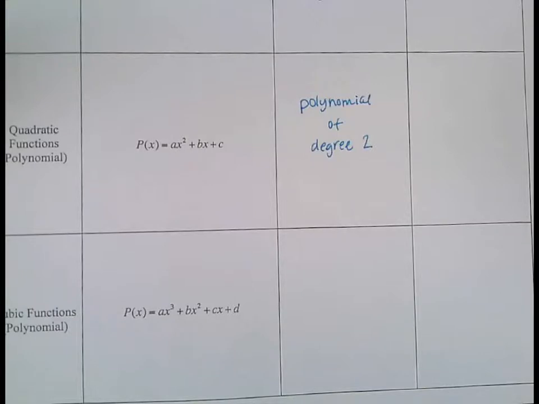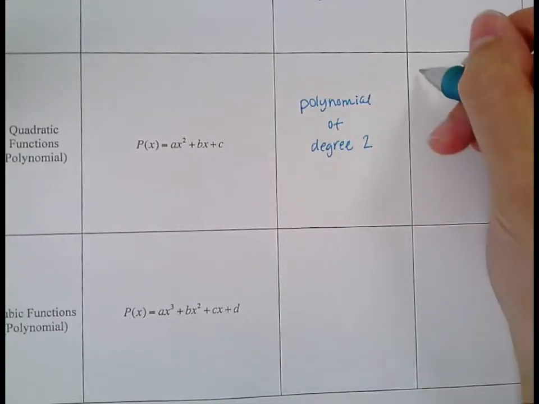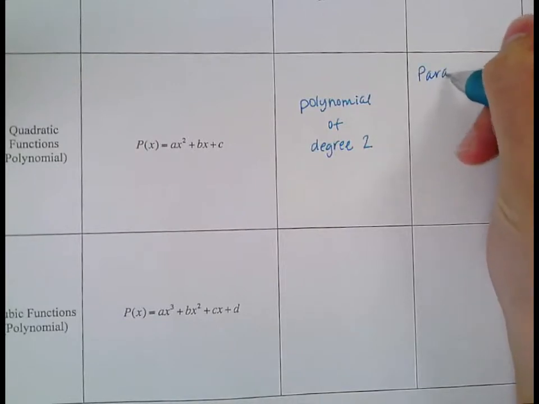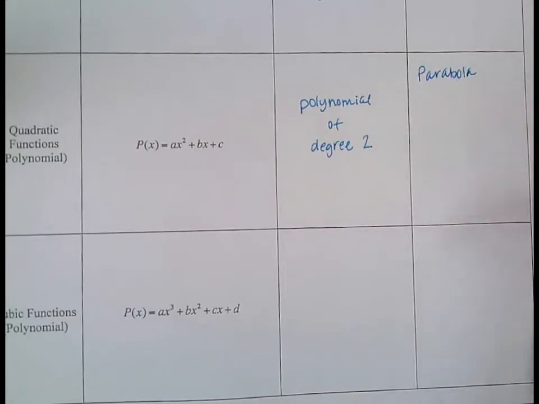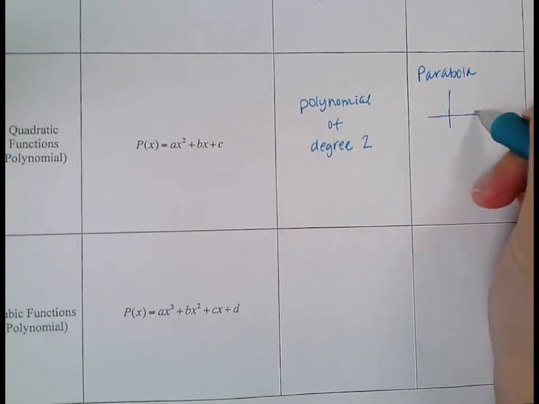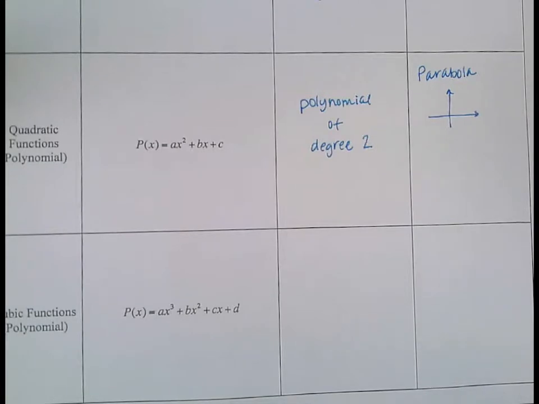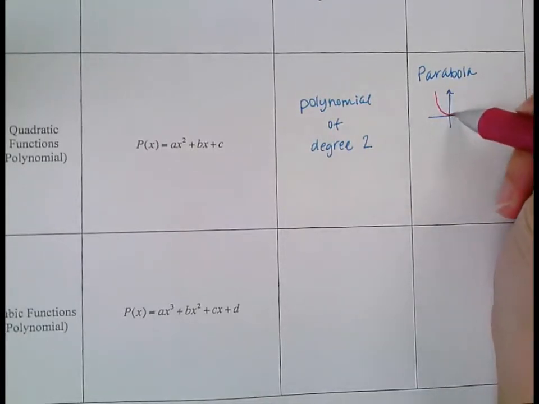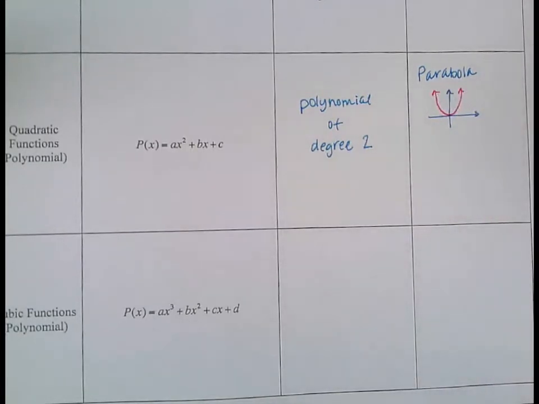And then we know the shape of a quadratic function is a parabola, which could open up or down.